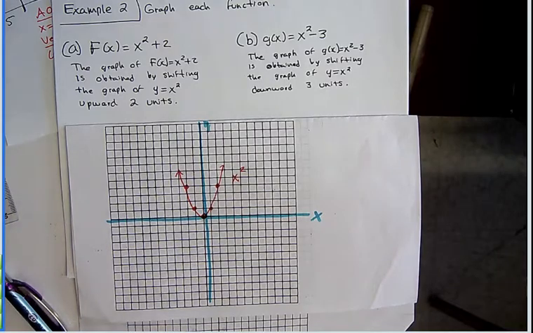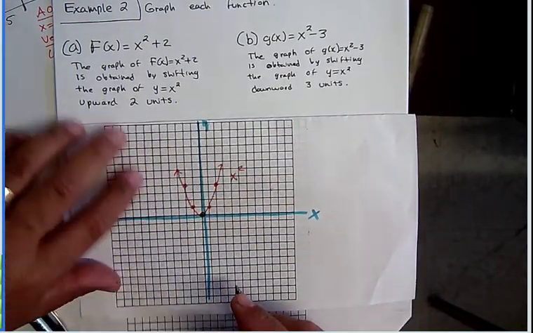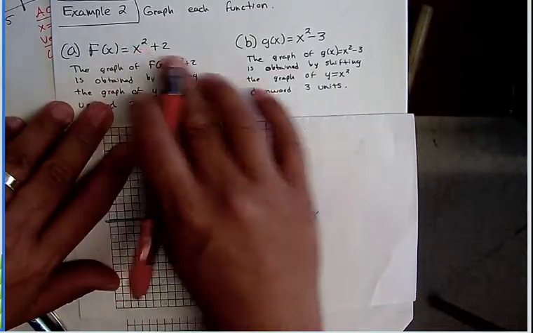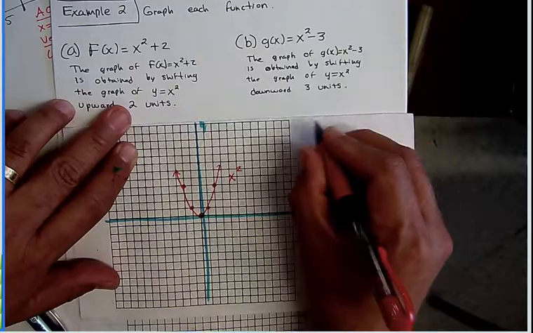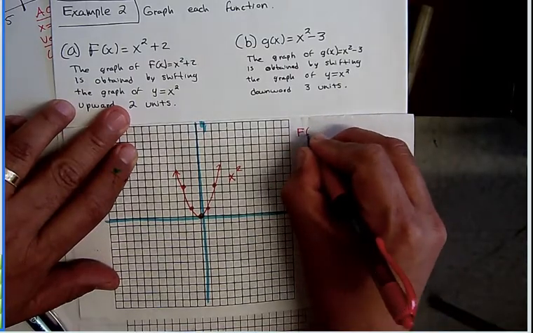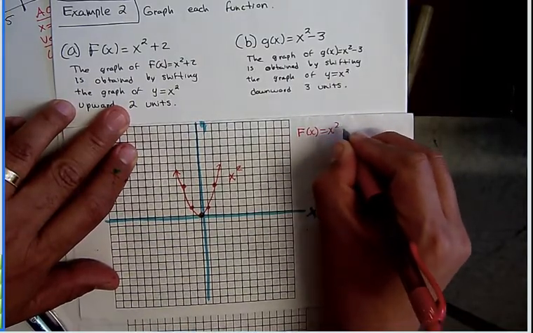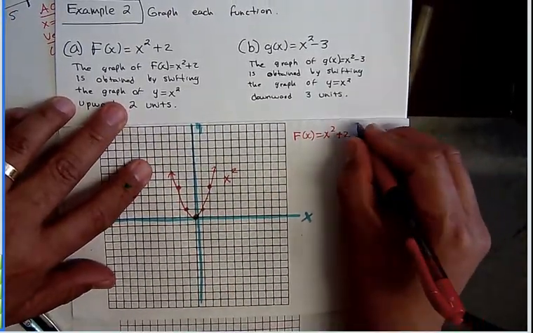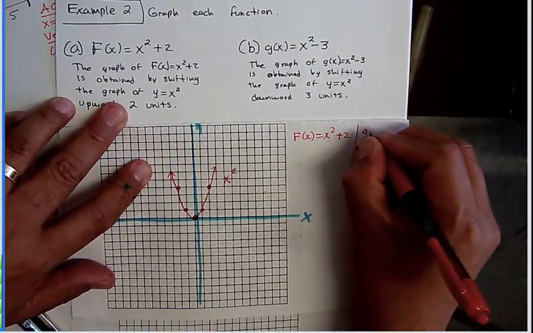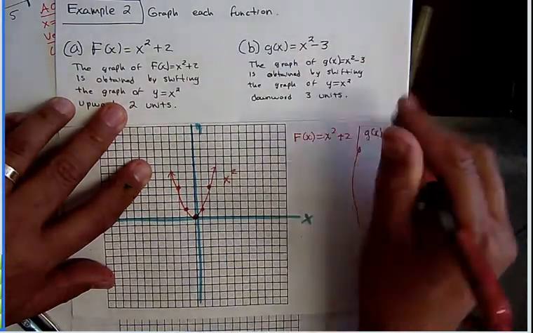This is example 2. I'm not going to do the table for this one, so I'm just going to copy them over here. f of x. So I'm going to graph that, and also the B part.